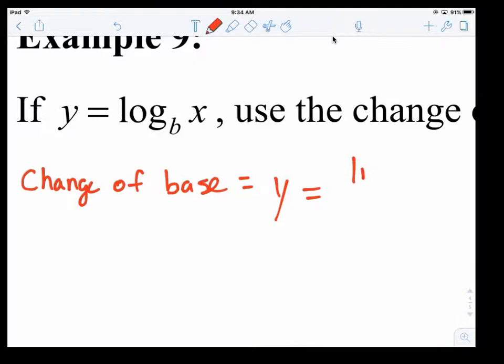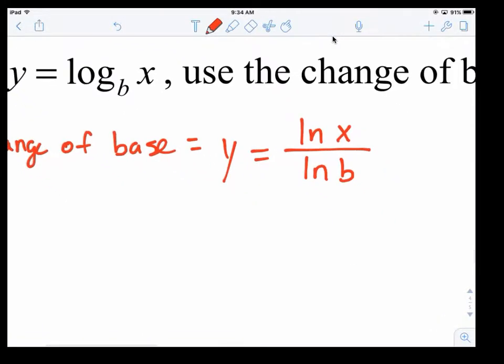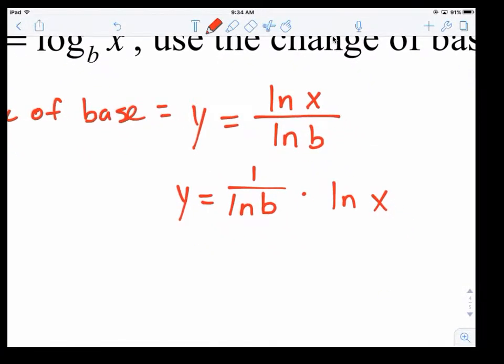So that's the ln of x, and you're going to divide that by ln of whatever your base is, ln of b. Now, b in this case is a what? Is it a variable or is it a constant? It's a constant, right? So how I could rewrite it is 1 over the ln of the base times the ln of x, right?